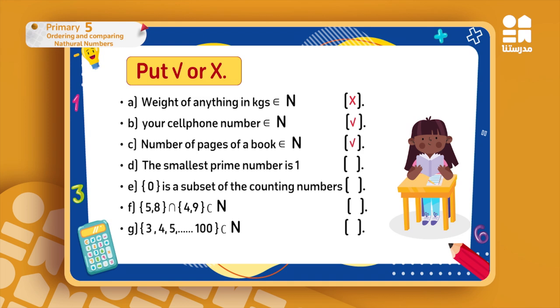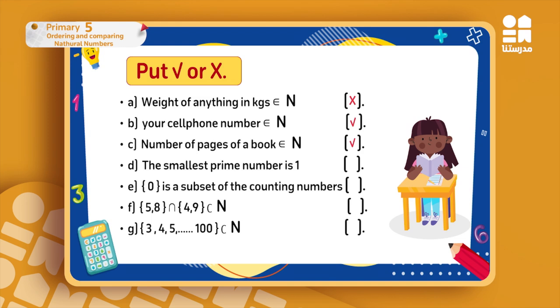Now letter D. The smallest prime number is 1? Of course not. We said before that our smallest prime number is the only even number that we have in the prime numbers, which is 2.